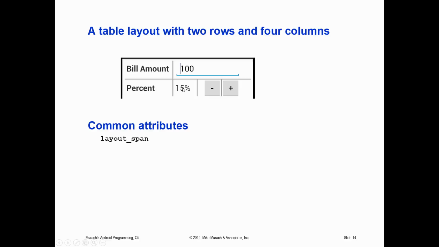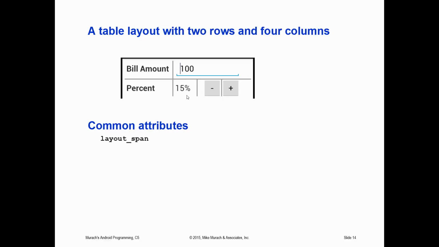This row has 1, 2, 3, 4 columns. So in the first row, the text view widget is displayed in the first column, and the edit text is displayed in this one right here. So this is the first column. This is displayed over 3 columns. Here, you've got one widget in each column.